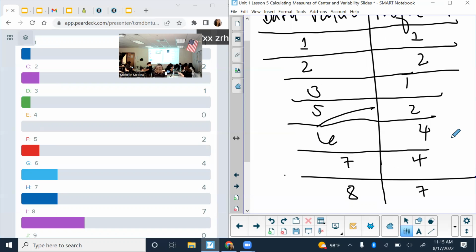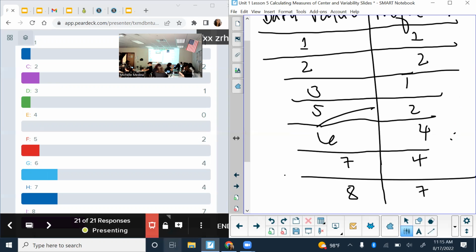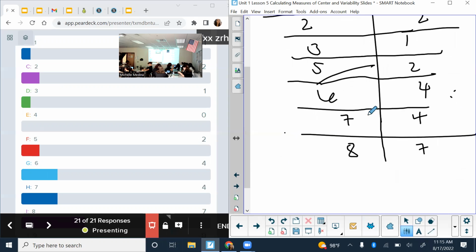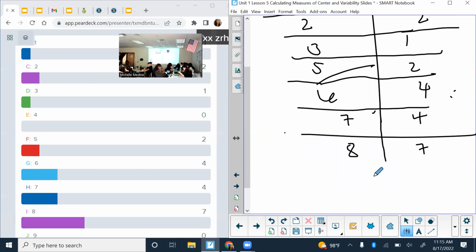So then 1 plus 2 plus 1 plus 2 plus 4 plus 4 plus 7. I got 21. And I counted 22 students, but it's okay, maybe someone's sharing with someone else. All right, but we have 21 data points total, which means that we should have 21 dots on our dot plot.